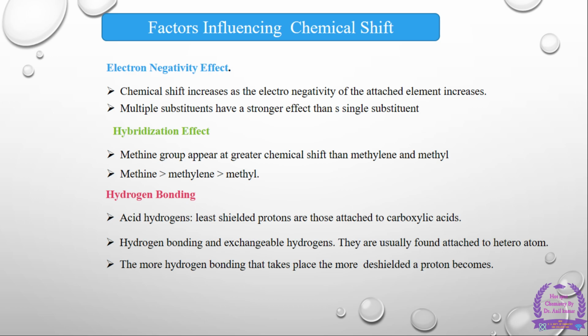In hydrogen bonding, we have seen from the above examples that the least shielded protons are those attached to carboxylic acids. Exchangeable hydrogens are usually found attached to a heteroatom. The more hydrogen bonding that takes place, the more deshielded a proton becomes.